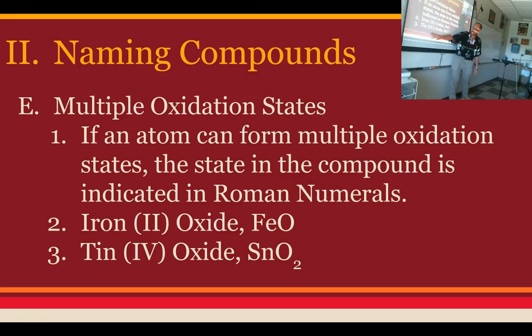Okay? And here's another example, tin oxide. Tin can be lots of different charges. In this particular one, SnO2, there are 2 oxygens. Oxygen always has a -2 oxidation state.